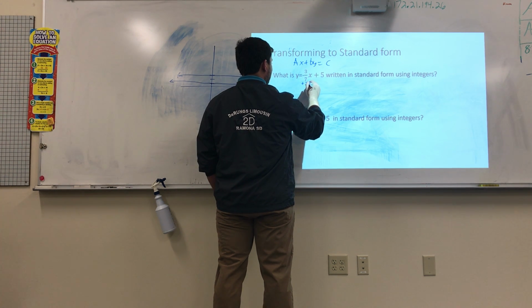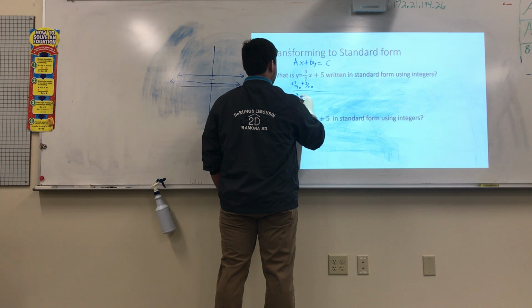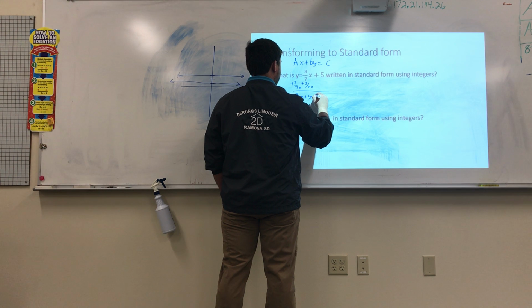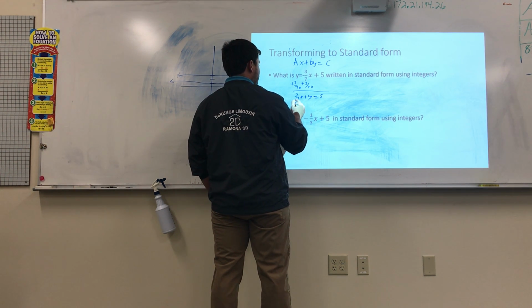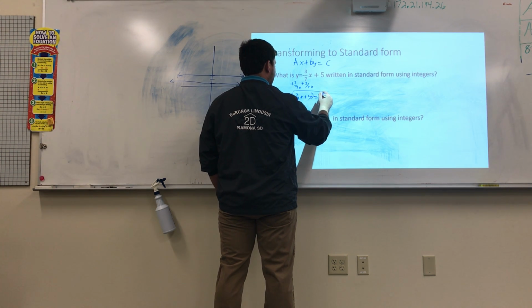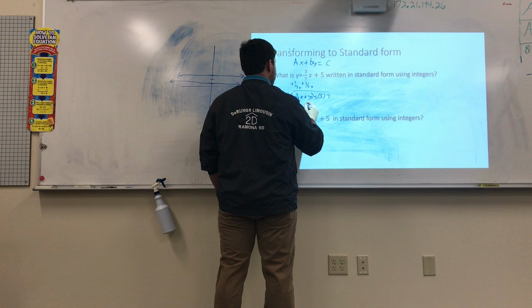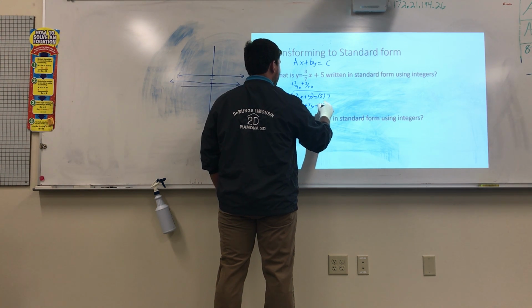Well, I'd have to add 3 over 7x to both sides. I'm going to get 3 over 7x plus y equals 5. Okay, I do not want a decimal, so I'm going to multiply everything by 7 to get rid of that fraction. So I'm going to get 3x plus 7y equals 35. That is standard form.